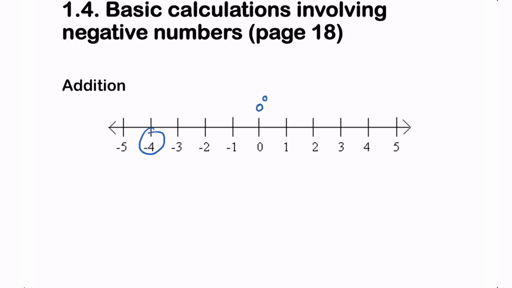Alternatively, if you want to add a negative number, say minus 4 plus 5 equals 1. So what does that look like? It is minus 4 plus 5, so we go 5 spaces, 1, 2, 3, 4, 5, and that's the result.